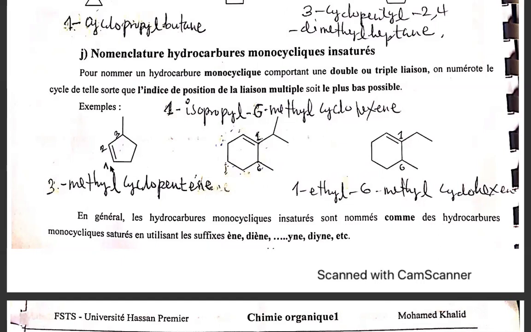Because when a double bond is at position number 1 in organic chemistry, we either assume the coefficient is 1 and denote it, or we just leave it like that because we know it's at position number 1. It's a straight chain. That's how it's supposed to be. Is it clear for this part? For the first one, cyclopentene, 3-methyl cyclopentene.